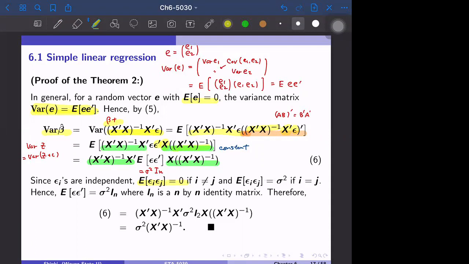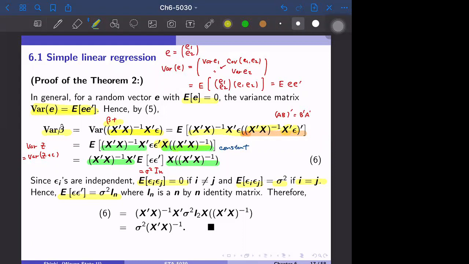You can decompose the expectation, and the expectation of epsilon i and the expectation of epsilon j are both 0. So this becomes 0. And if i is equal to j, the diagonal term, this is sigma square. By definition, the variance of epsilon i is sigma square. We can get this equation.